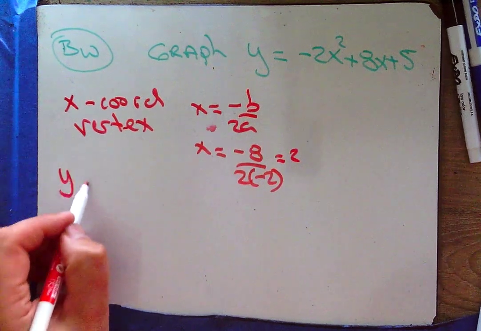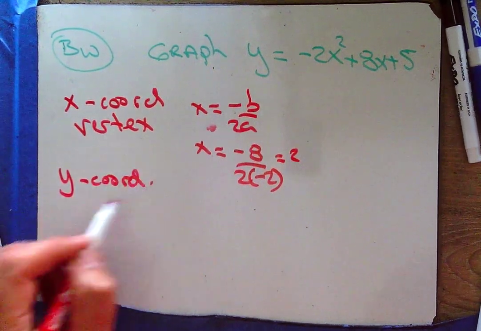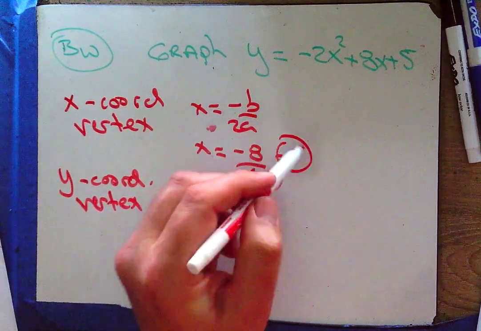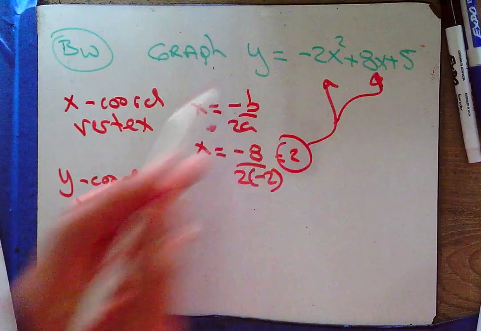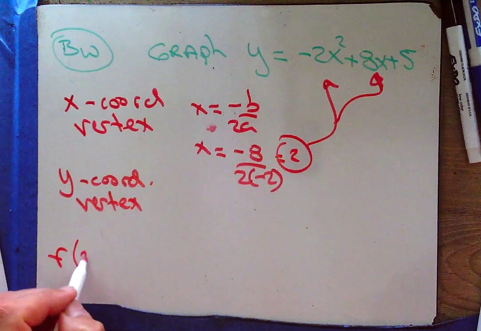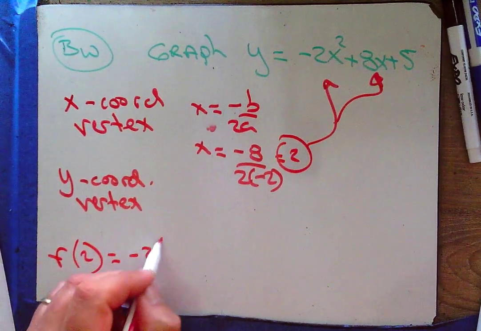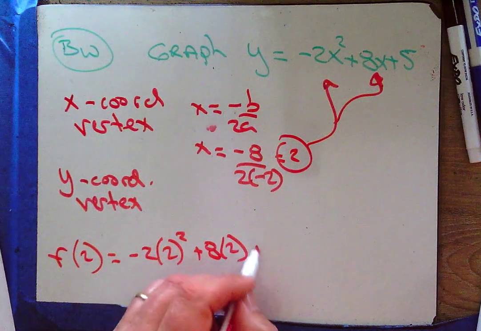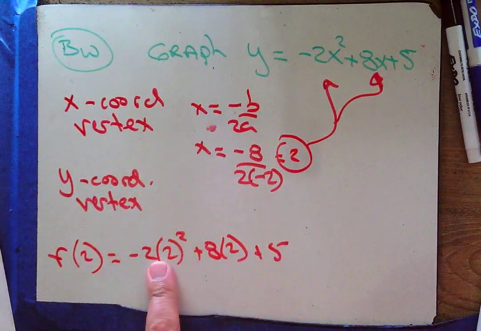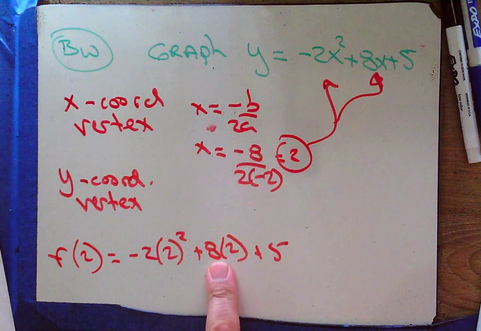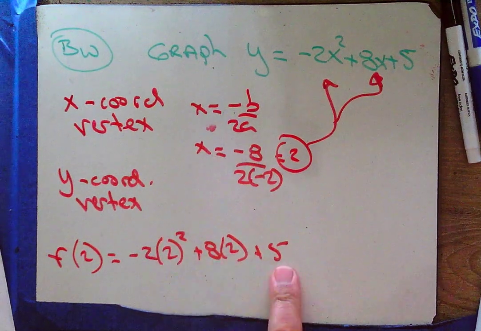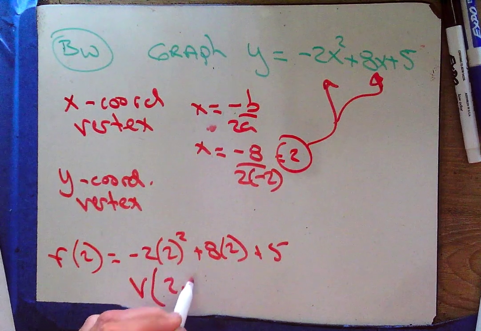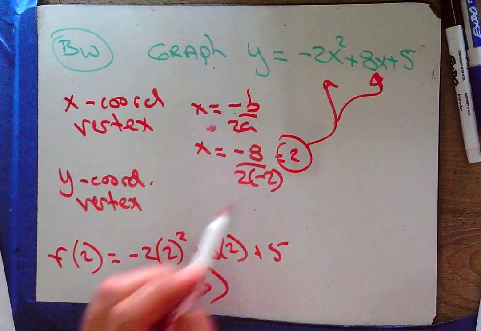To find the y-coordinate of the vertex, I have to take this 2 and plug it in for all the x's of the function. I need f of 2. So that's negative 2 squared plus 8 times 2 plus 5. That's negative 8 plus 16, so I have 8 plus 5 is 13. So I know the vertex is located at (2, 13).